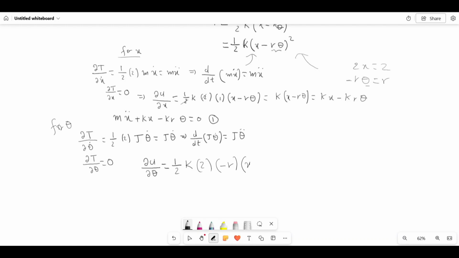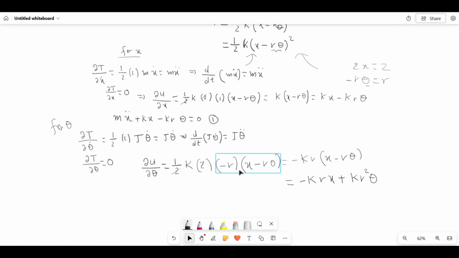And we write the function that is inside like this. So what's going to happen? 2 will cancel 2. What we will be having will be minus kr multiplied by x minus r theta. So what is happening here? If we multiply inside, it's going to be minus krx plus kr square theta.